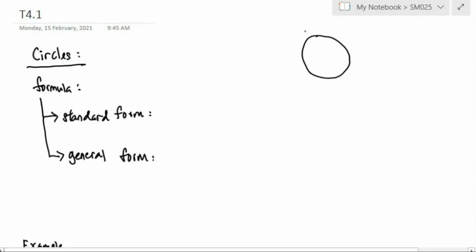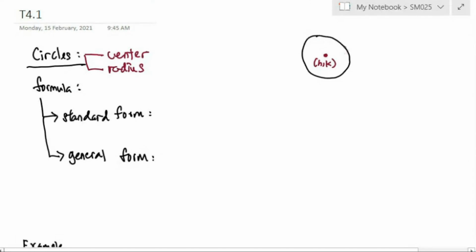Okay, so what is the key point that is very important when you're doing circles? So in circles, you must always know what is your center and then what is your radius from all the information they give us. Alright, so where center, di tengah, titik tengah dalam bulatan, iaitu HK.